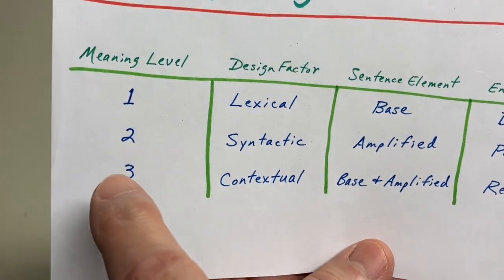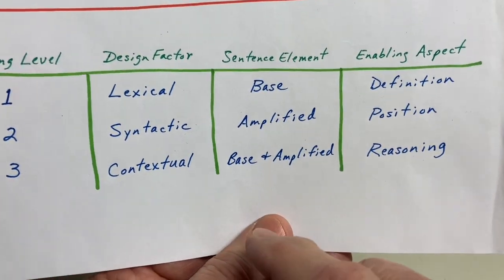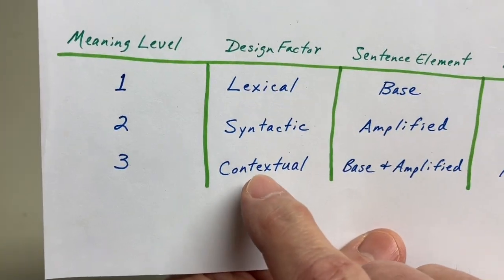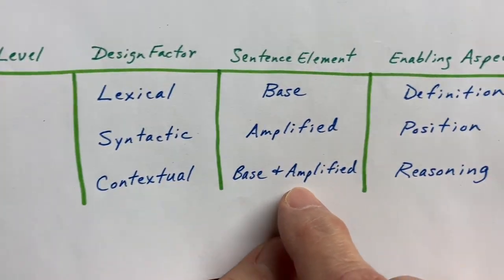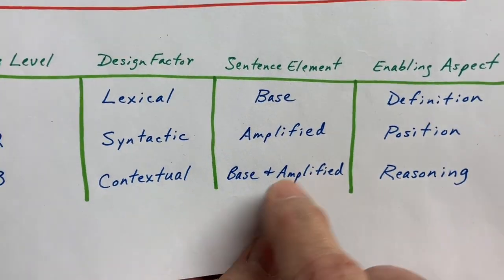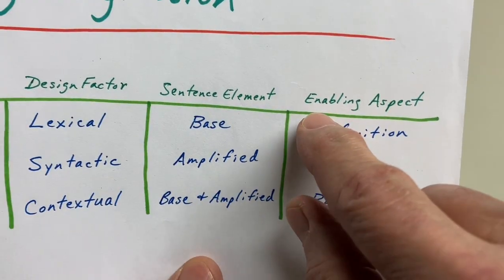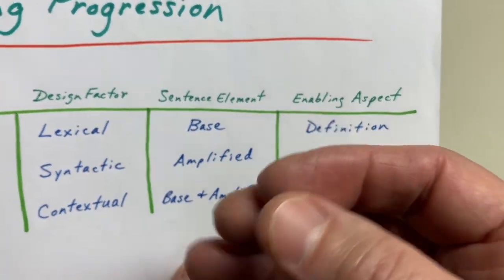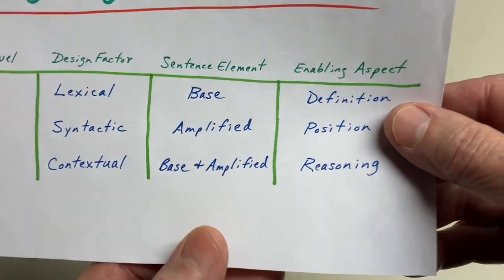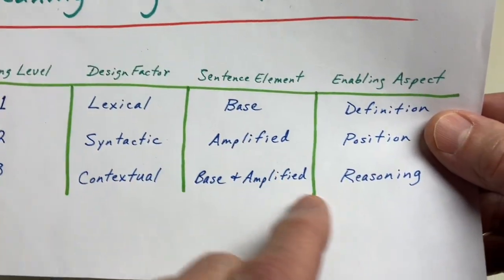Then there's meaning level 3 in my system. Remember, this is just a personal thing I do, my own grammar, is the contextual level. And in that level, you'll see base and amplified elements. You'll see single words, or you'll see groups of words. And the enabling aspect, the aspect that helps you have even greater understanding and greater sense of meaning, is reasoning.